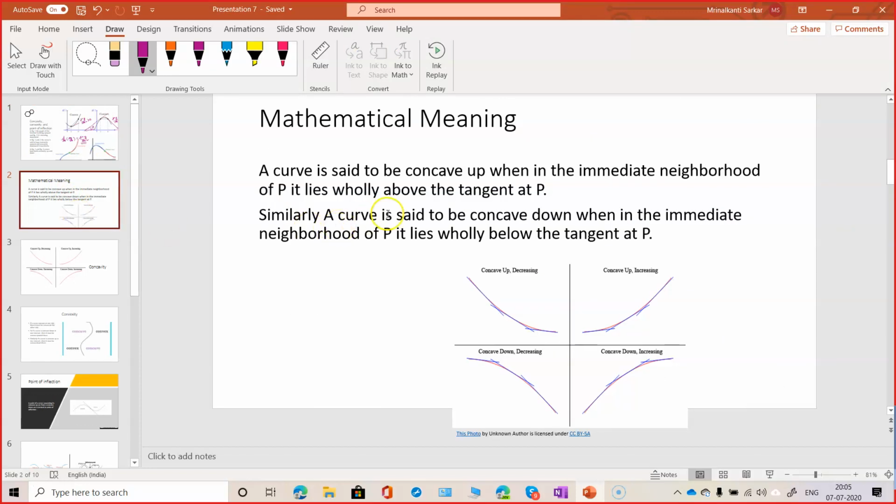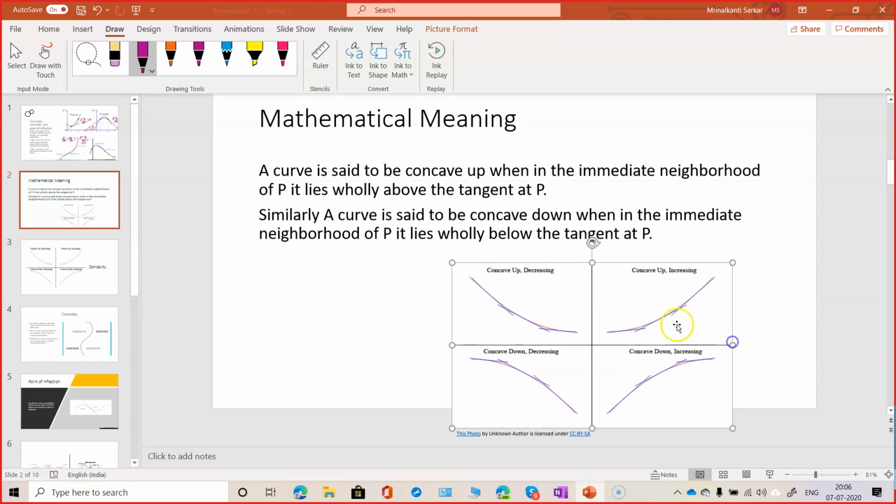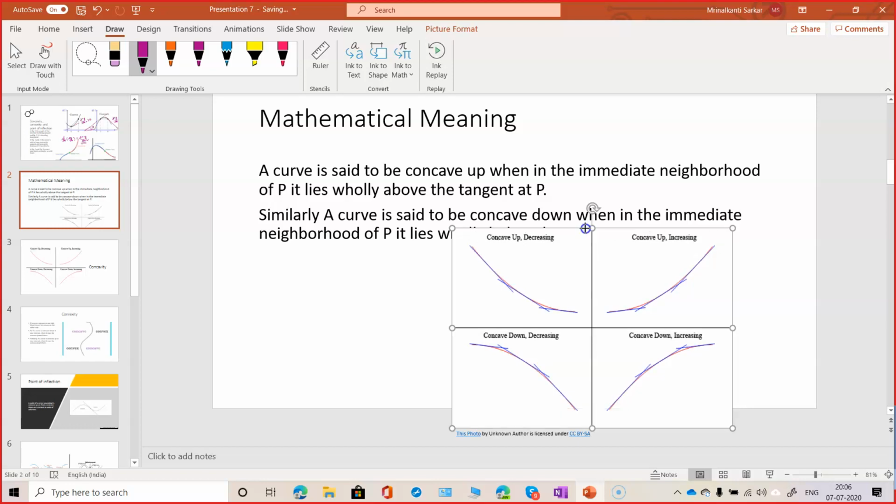Now, the mathematical meaning I have given already, but I am still interested in showing you graphically, by drawing a clearer graph, what concavity and convexity actually mean. If you investigate this curve, you can see that it is concave upward and it is decreasing too. Here it is increasing, also concave up.